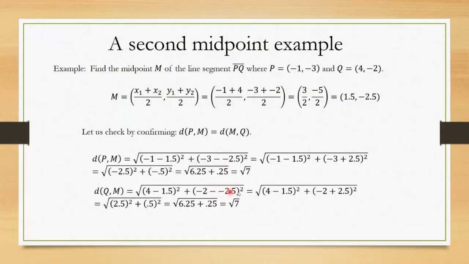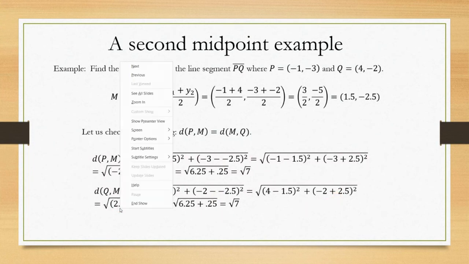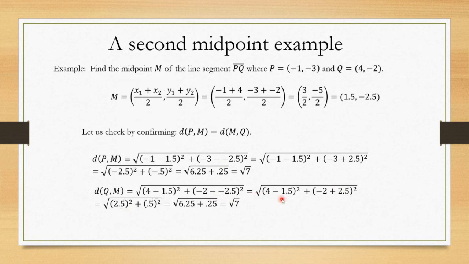Just like above, minus a negative becomes addition. So we have 2.5 squared, and here we have 0.5 squared. And we get the same thing. We get the square root of 7. So that's good.